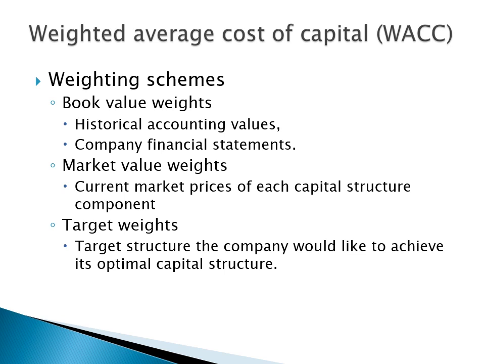And then target weightings: that is when the board sits together and decides what the ideal capital structure of this business is, and based on the ideal capital structure they set target weightings, and we can use that in our calculations as well.